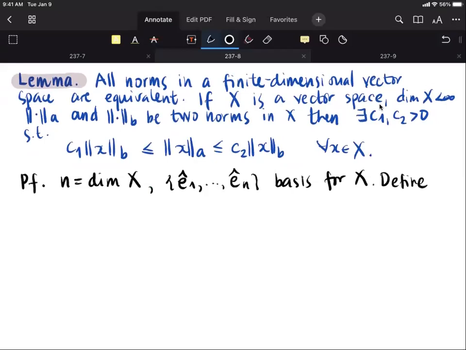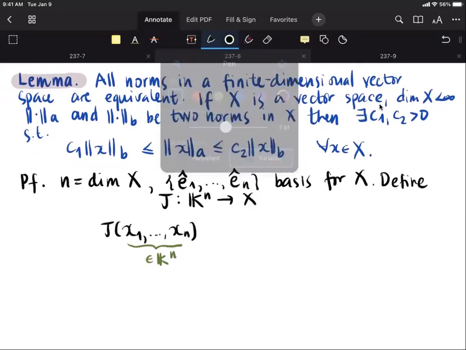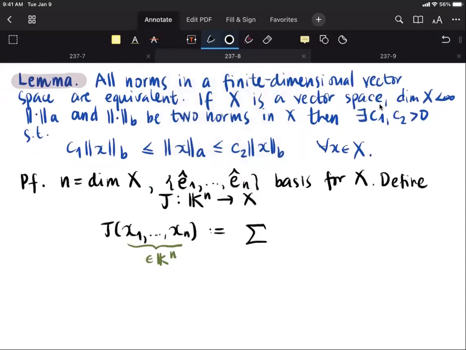We define a map J from K^n into X as follows. It maps an n-tuple of elements in K^n, where K is the underlying field of your vector space, to the linear combination of your basis in X with coefficients in this n-tuple.